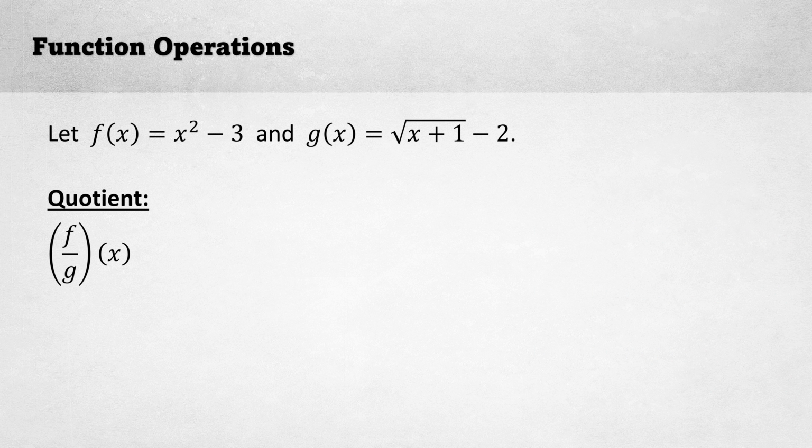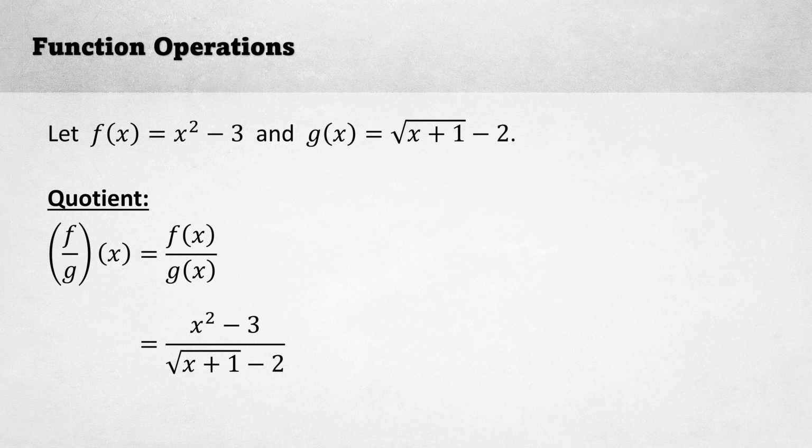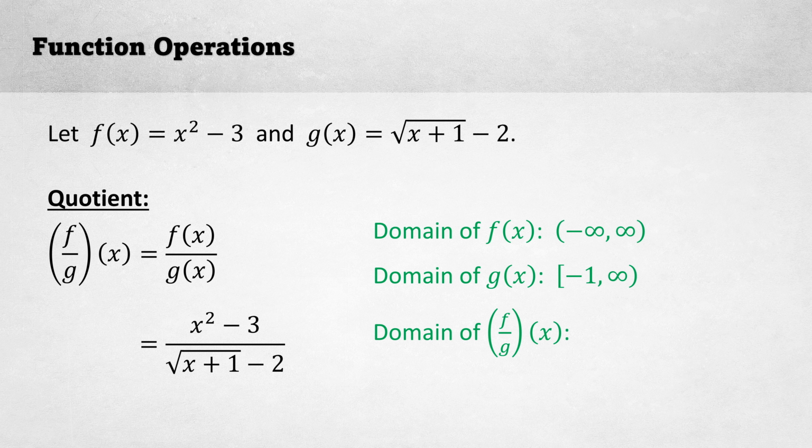The quotient of f and g is f of x divided by g of x. That is, x squared minus 3 divided by square root of x plus 1 minus 2. The domain of f over g must satisfy both of these functions. But we also have a denominator, which cannot be 0. So we set square root of x plus 1 minus 2 not equal to 0 to find the values of x that make the denominator 0.